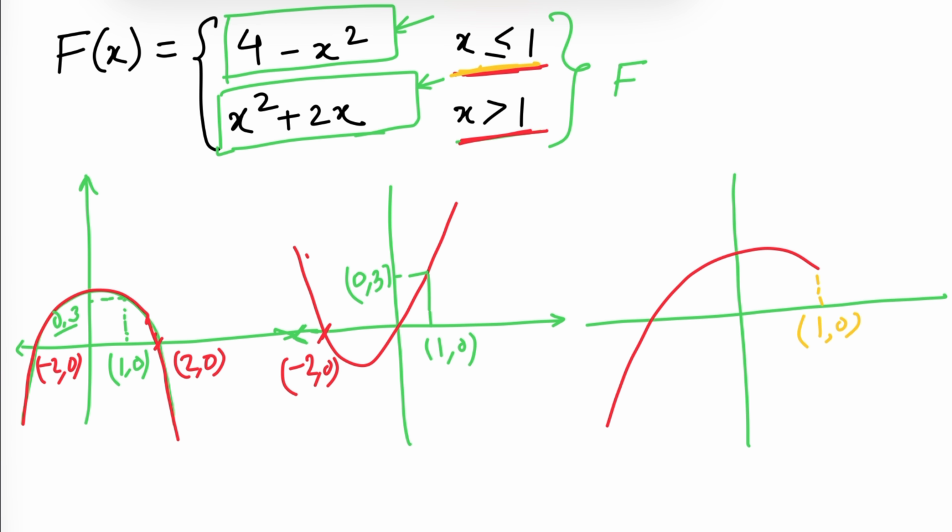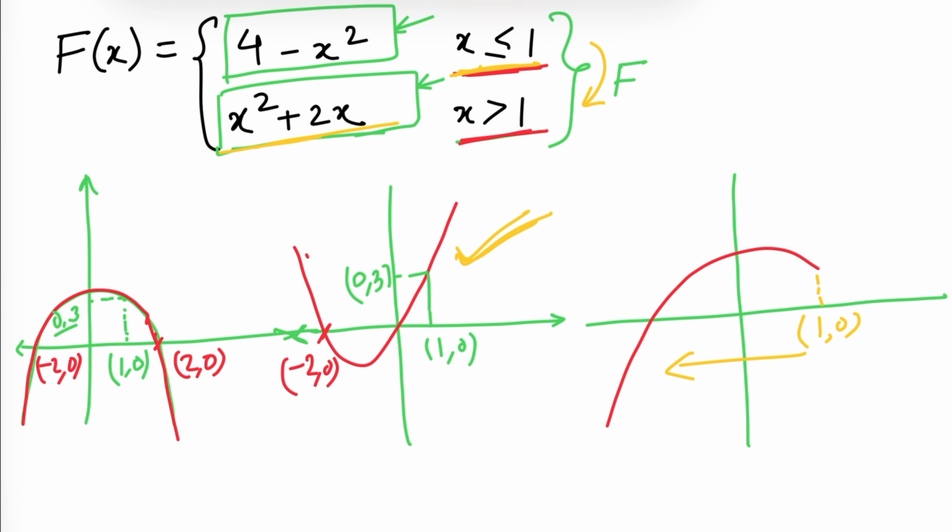You can see from the example, if we go back, it is all x less than or equal to 1. But since the definition changes from here to here, for x greater than 1, the function is defined as x squared plus 2x, which is this particular graph.